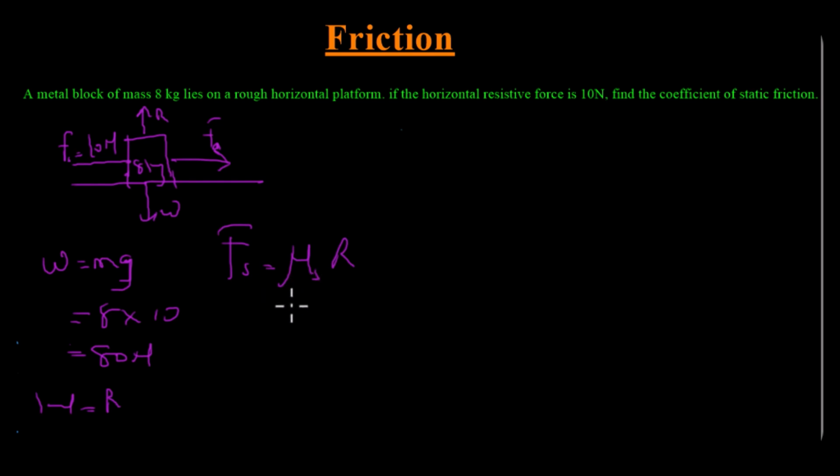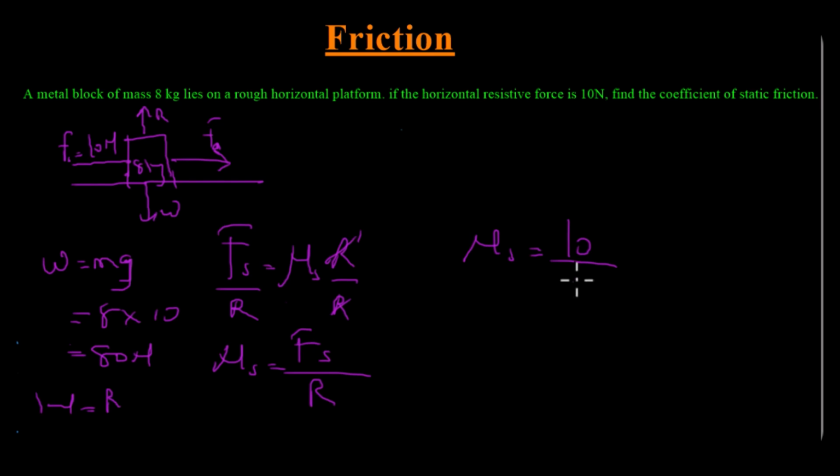So make mu s the subject of the formula, divide both sides by R. Then mu s must be equal to Fs all over R. So R cancels R, and then mu s will be equal to what's my static friction, that's 10, and then what's my R, that's 80.